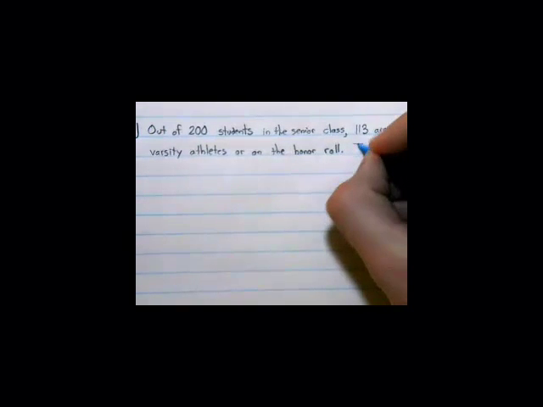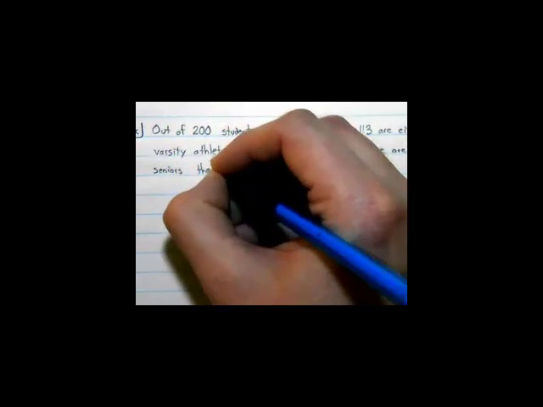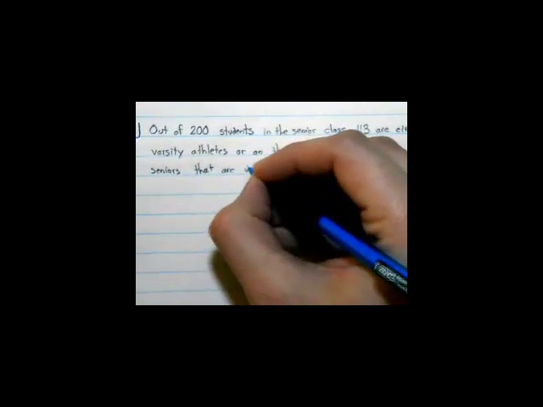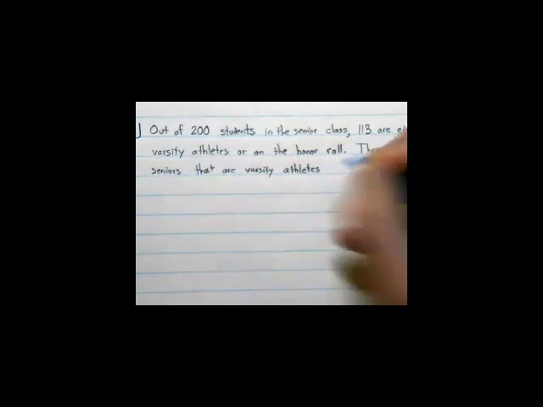They are one or the other, but not necessarily both. Could be both, but at least one or the other. Okay. 74 seniors are in varsity athletics, could be on the honor roll as well, but there are 74 period that are in varsity athletics, and there are 51 who are on the honor roll.